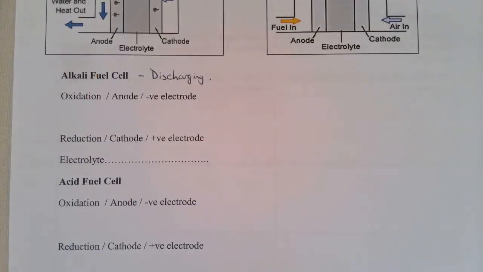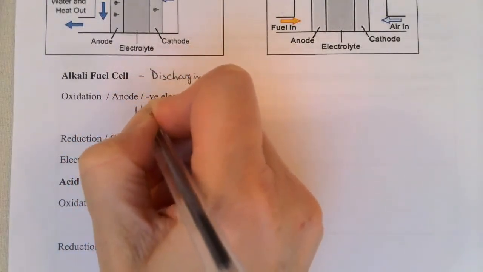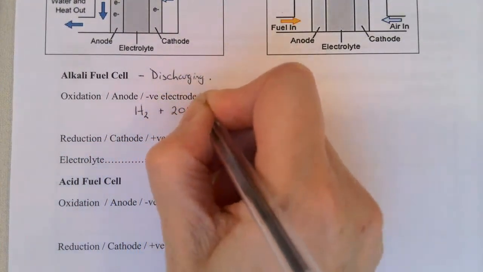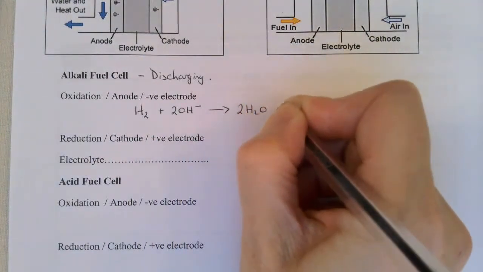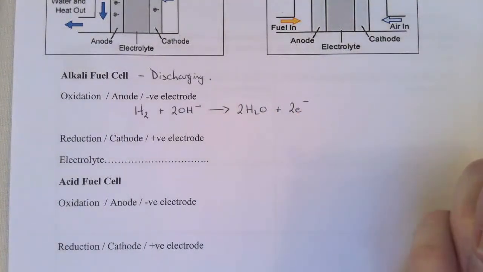So my oxidation is occurring at the anode in my alkali fuel cell, and it's the OH negatives which are moving across to the anode. So I have my hydrogen and I have my OH negatives, and they are forming water, and because it's oxidation, you're losing the 2 electrons.